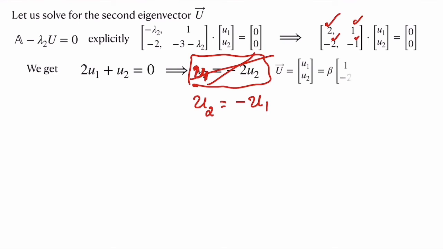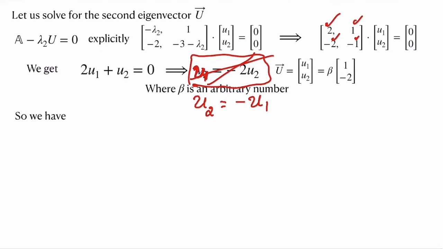Okay, and then we obtain the vector components, which can in general be written as u equal to beta into 1, minus 2. But again we see that based on the constraint, beta cannot be determined and remains an arbitrary number so far.